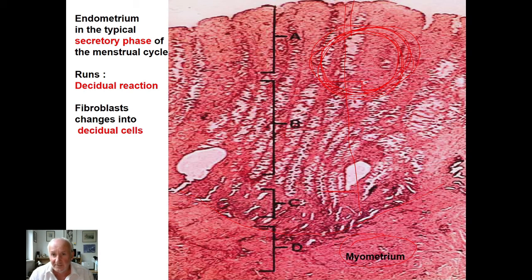And now, when the blastocyst is starting to move inside by implantation, this endometrium in the secretory phase will undergo a perfect decidual reaction.